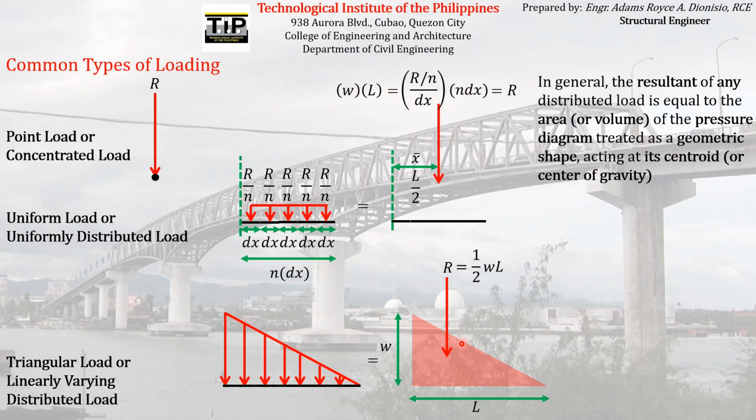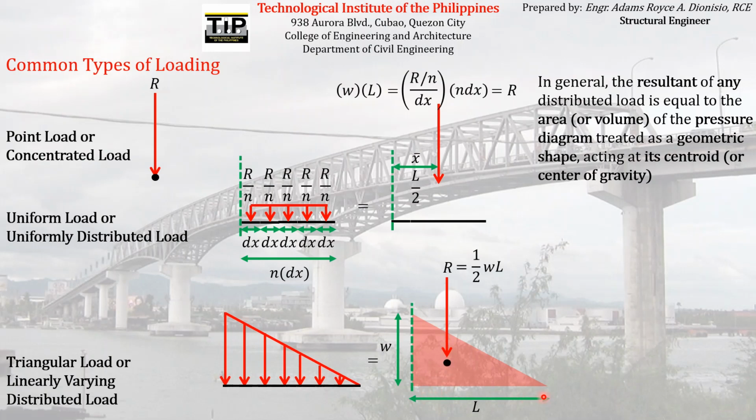And yung location ng resultant na to, saan siya actually located? Again, doon siya located sa centroid ng nabuo natin na geometric shape. So again, triangle yung geometric shape natin, and from statics, sabi sa statics, sa topic ng centroid, ang centroid daw ng triangle, with respect dito sa height, ang centroid daw ng triangle, located 1/3 no length na to.